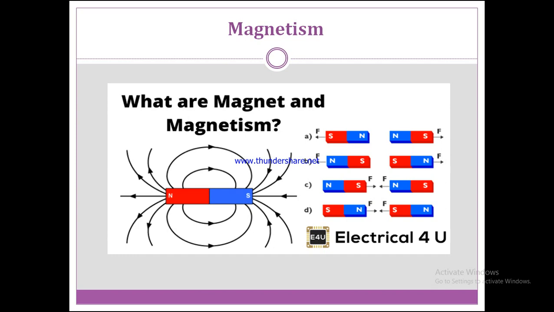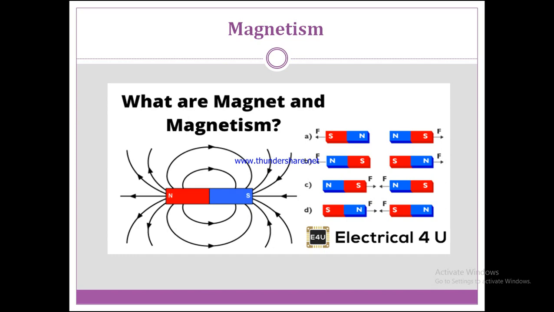When there is a strong magnetic field, that magnet shows more magnetic flux lines around itself. And when the magnetic field of that magnet is lower, then that magnet has fewer magnetic flux lines.